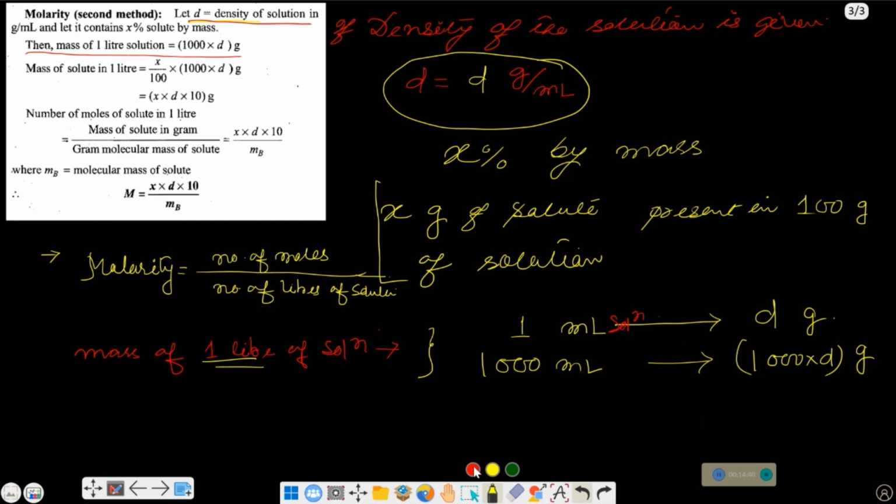We are also provided with one extra piece of information, that is x percentage by mass. It means we know that in 100 gram of solution we have x gram of solute.